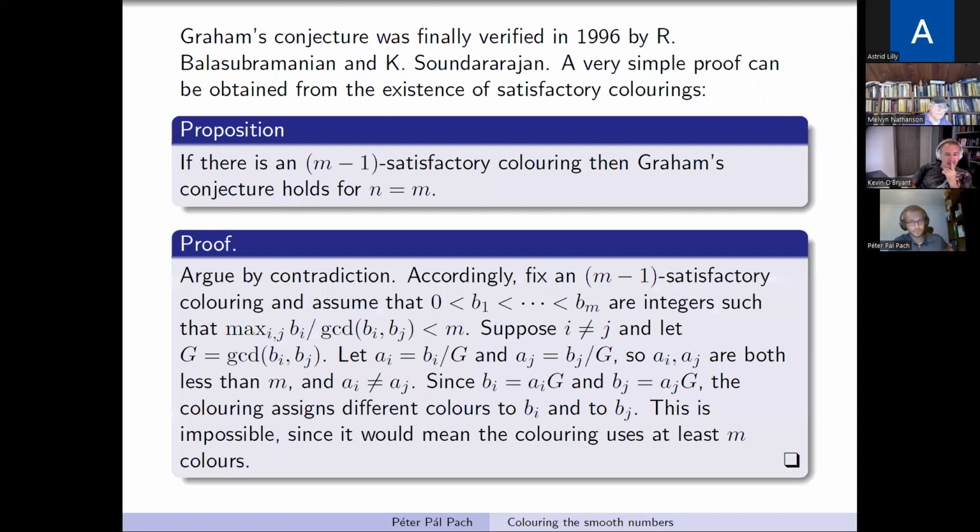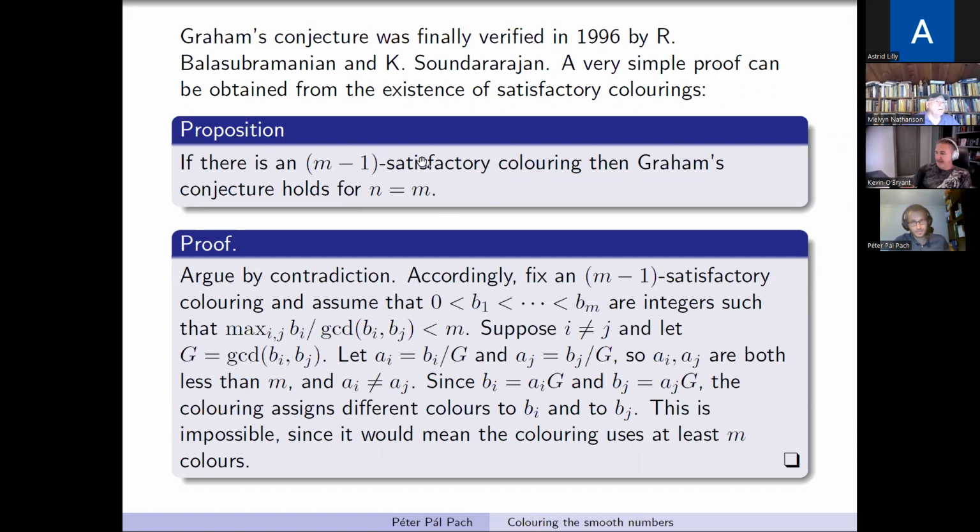Here again, the proof is really quick. Let's take m numbers, b1, b2, ..., bm, and we take 2 of them, bi and bj. Let's write g for their greatest common divisor, and we take a satisfactory (n-1)-coloring.